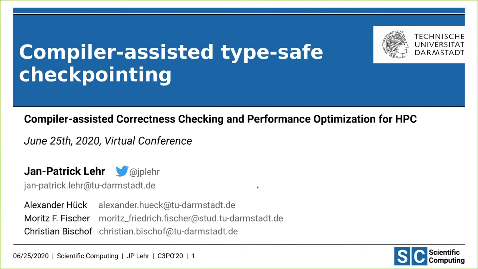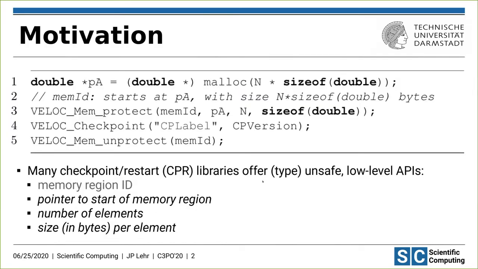And first, let me show you why we looked at that. So if we look at current checkpoint restart libraries, like we see, for example, the VeloC library here in the example, we have an allocation called PA that allocates some number of doubles, for instance. And then how the library works is that we call a function that protects that memory region.